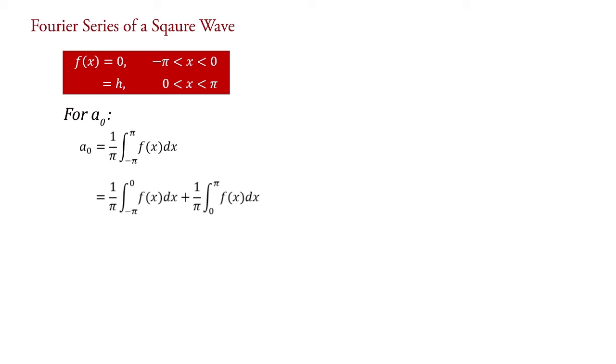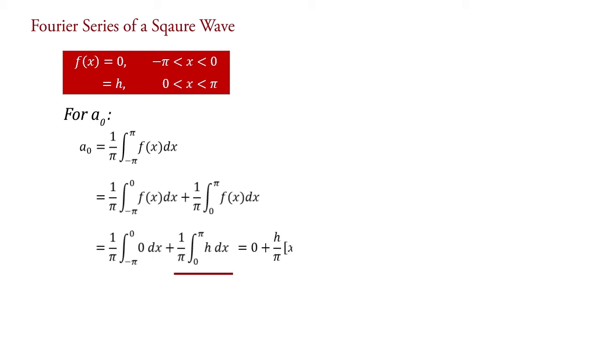Therefore, we write a0 equal to 1 upon pi integral minus pi to 0, 0 into dx, plus 1 upon pi integral 0 to pi h into dx. Now the first term becomes 0, and in the second term keep h outside the integral.